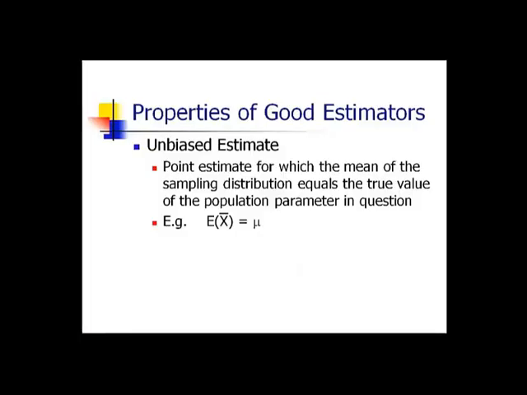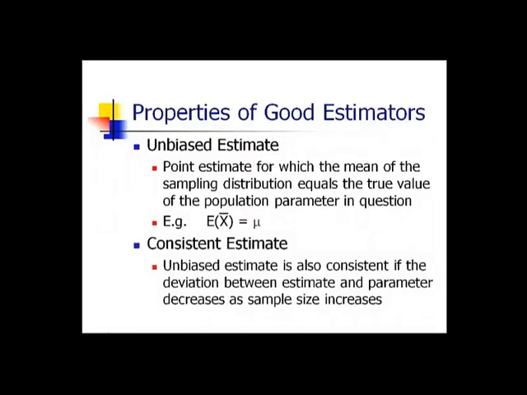This is not true for every sampling distribution. It's true for the sampling distribution of sample means, but not true for every sampling distribution. So not every estimator is an unbiased estimator. And even if you have an unbiased estimator, some of those may or may not be what are called consistent estimators. A consistent estimator is an unbiased estimator for which the deviation between the estimate and the actual parameter, so the standard error, decreases as the sample size increases.